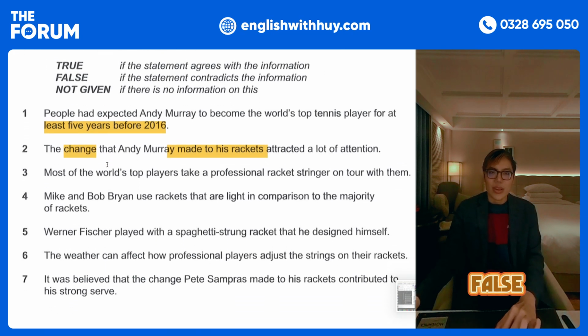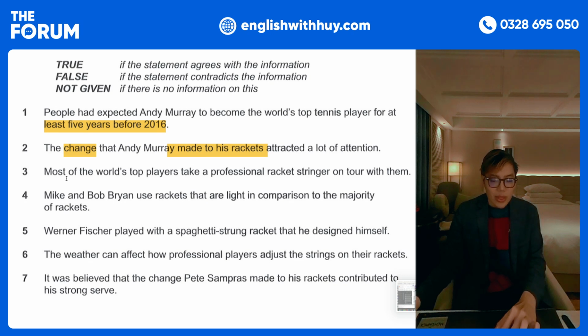Moving on, you can see the third one. In this specific question, you can see here: most of the world's top players take a professional racket stringer on tour with them. So this is basically a question about how frequently some of the top tennis players in the world would bring a professional racket stringer on tour with them.